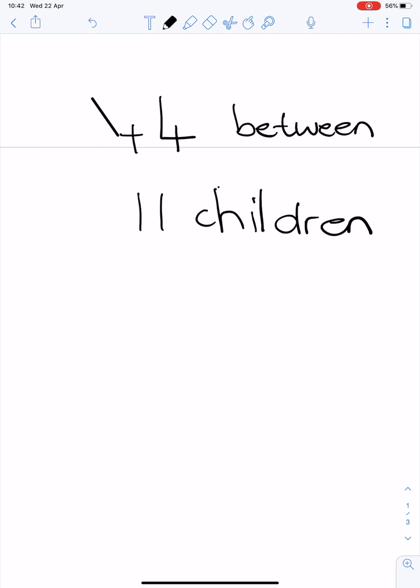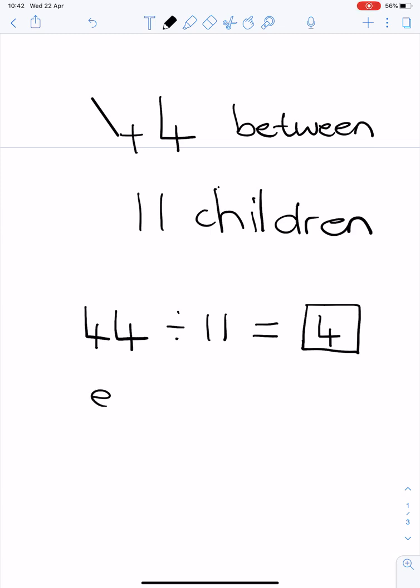So I would do a sum like this to help me. You are welcome to draw pictures if that helps you, but I think you already know the answer to this because it's your times tables. So, if I share 44 biscuits between 11 children, they will each get 4 biscuits.